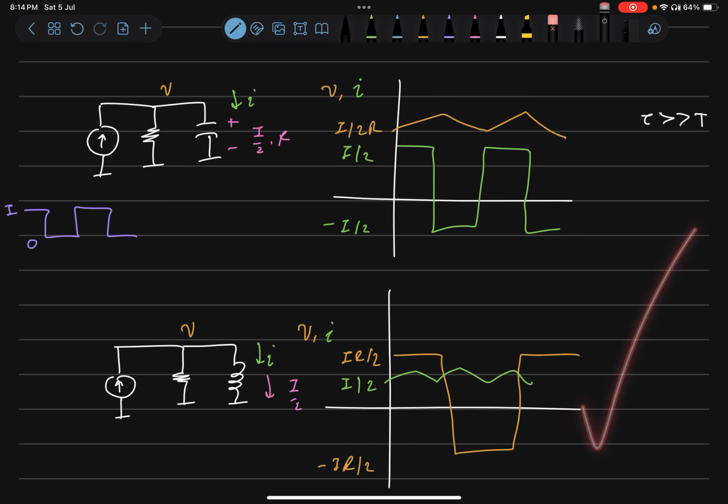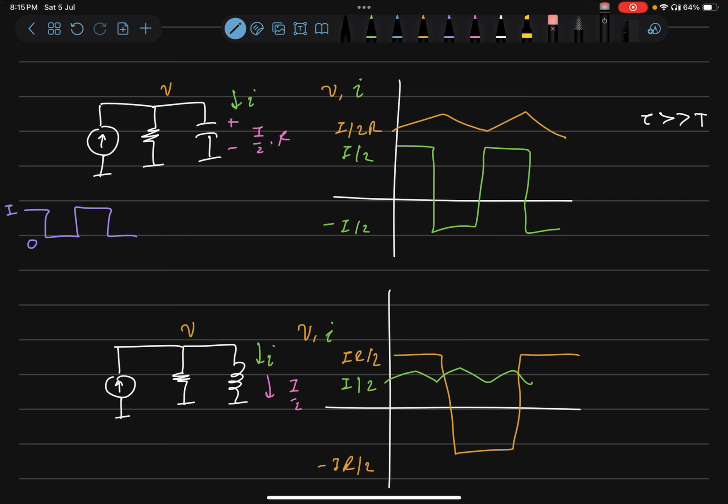So using this concept, you can analyze pretty much any kind of complex RL or RC circuit with pulse current input or pulse voltage input. Just keep in mind those two things, and the logic behind the two things is simple. The current through an inductor does not change in steady state, and the voltage across a capacitor doesn't change in steady state. So it will ripple around that. Simple.